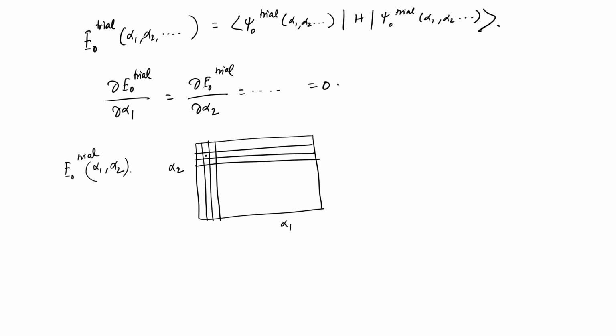So, we will of course do examples where there is just one variational parameter, but I still explain that if you have more than one, then you look for another condition that connects alpha 1 and alpha 2, and this is precisely what has been done in BCS theory.